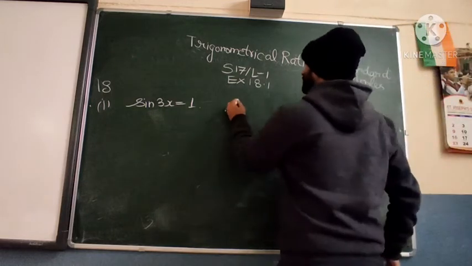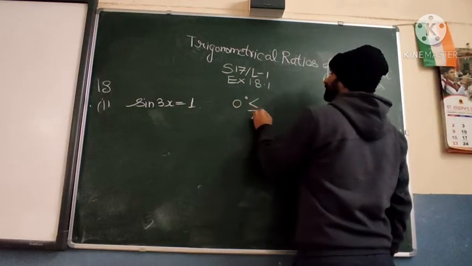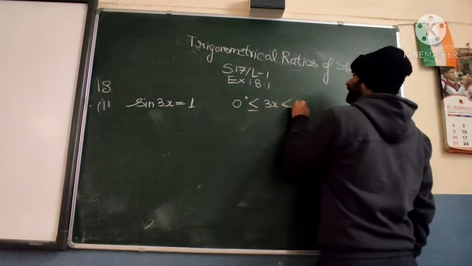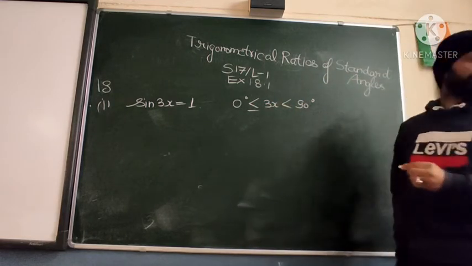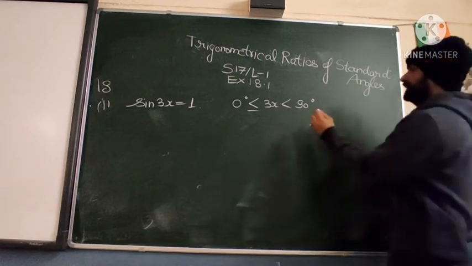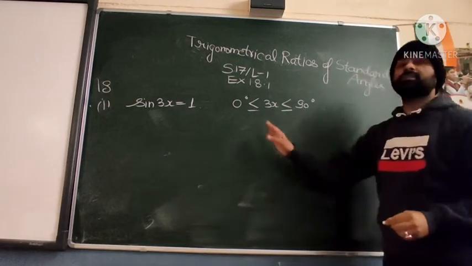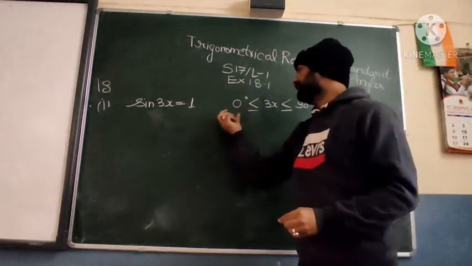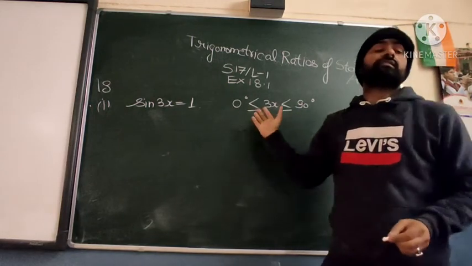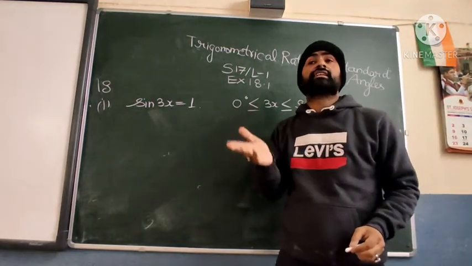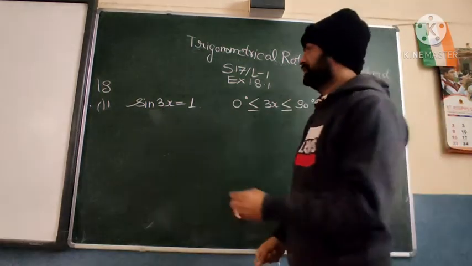And please note one more thing, that the value of theta is between 0 to 90 degree only, and see, it is giving less than or equal to sign also. That means the value of this 3x will vary between 0 and 90. This is another way of saying theta is an acute angle. Yes or no?